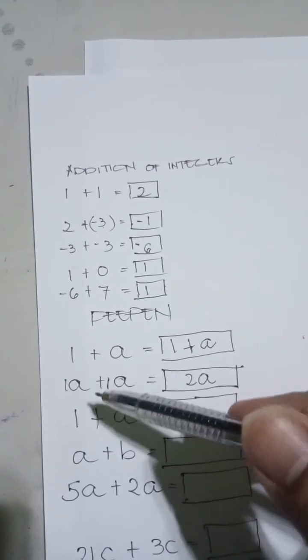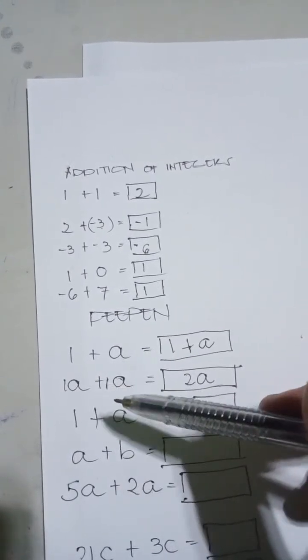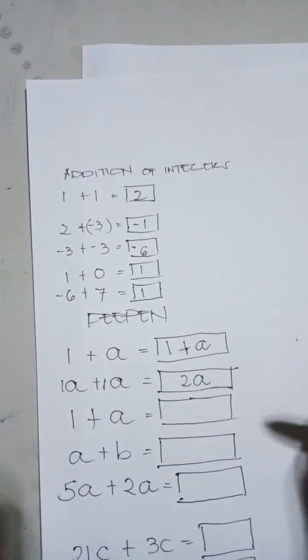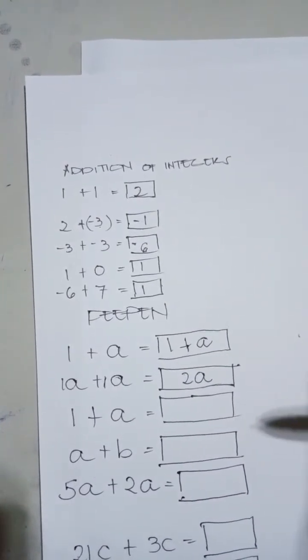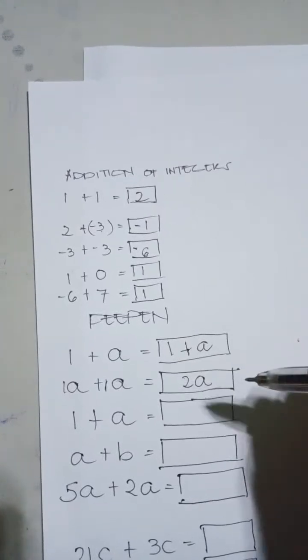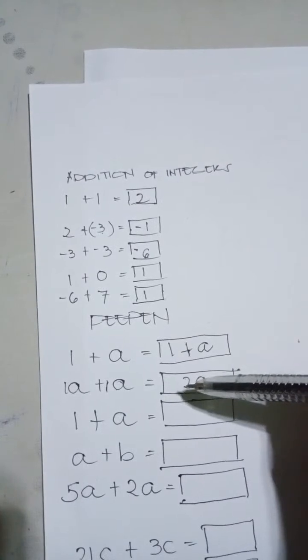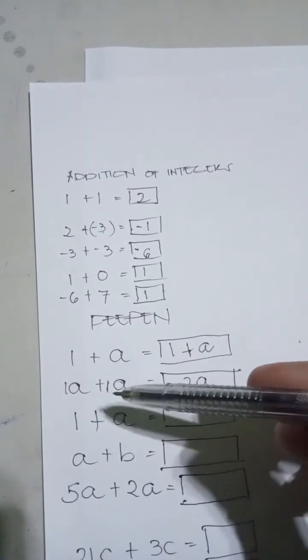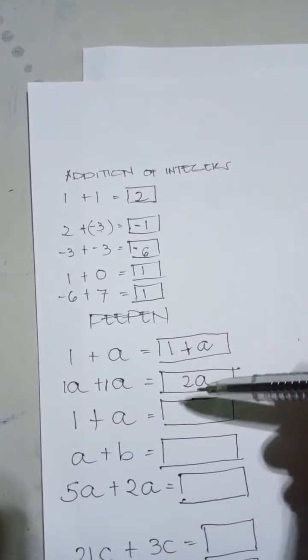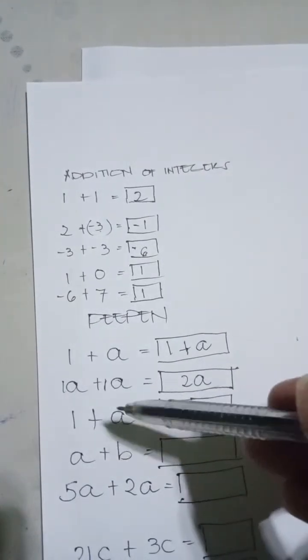Here you are adding, so you must add the numbers and copy the variable once. You add the number 1 plus 1, the answer is 2, the sum is 2, and you copy the variable once, and that's it.